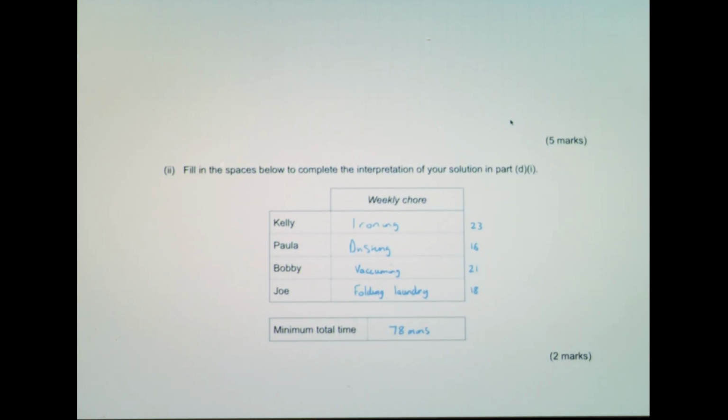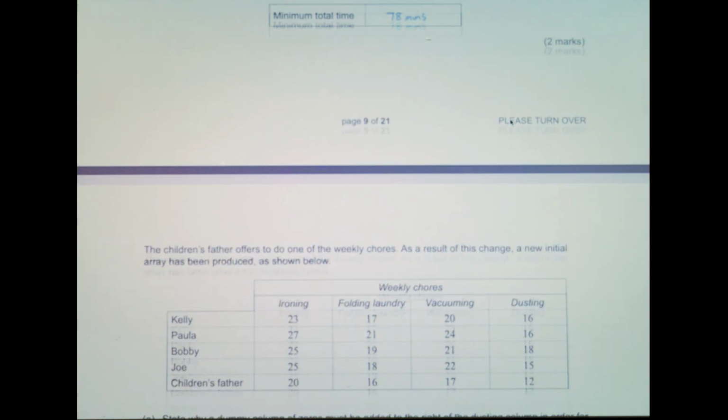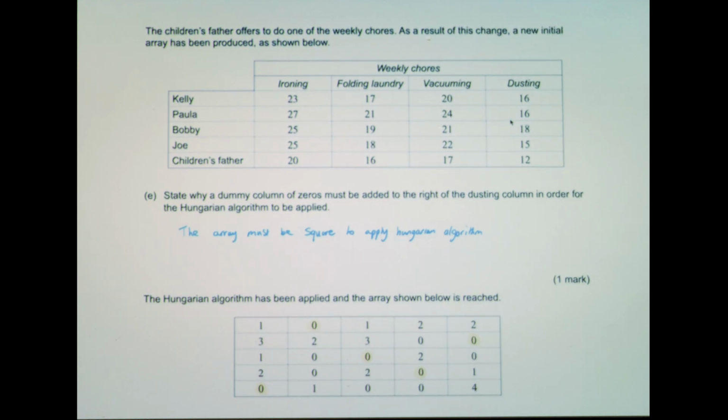Okay. So again, all we were looking for was the chores. You didn't need to list the numbers down the side, but it was obviously helpful if they did. And in this case, we were looking at 1 mark for the correct allocation and 1 mark for the correct time. As I said, most students were doing really, really well with this.